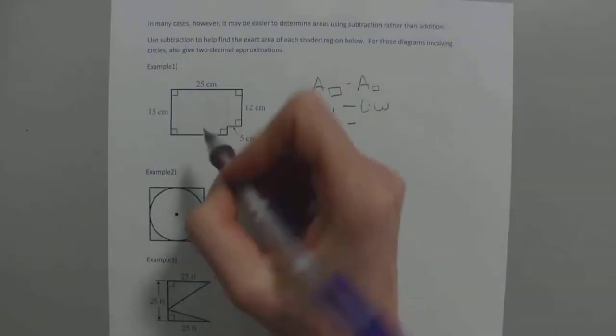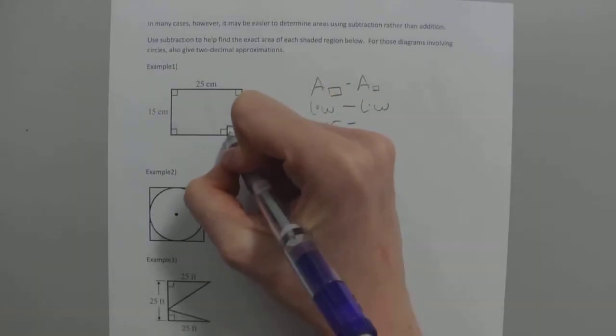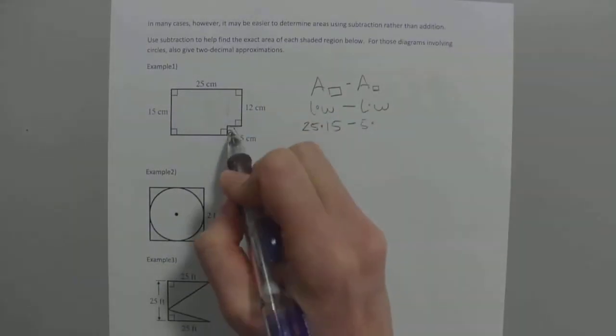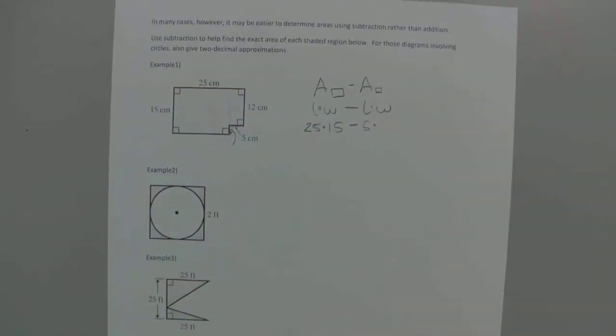Now the small one's a little bit harder because it's hard to see how they labeled it. This length is 5. So they told us the length. What we don't know is this itty bitty width. So the length is 5, and we don't know that itty bitty width, but it's exactly what Corey helped us out with on the other page, right? If this whole side is 15, and we know that is going to be, what would it say?